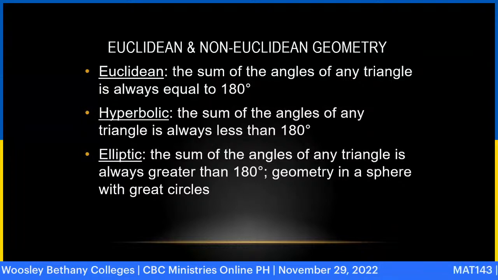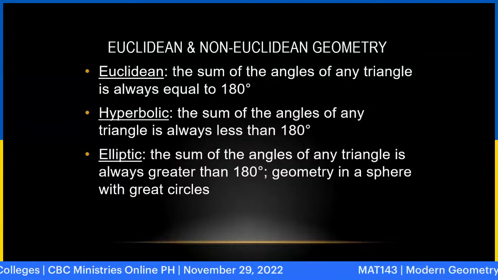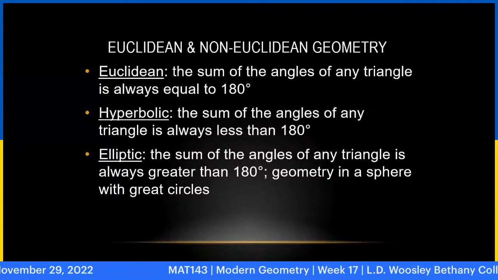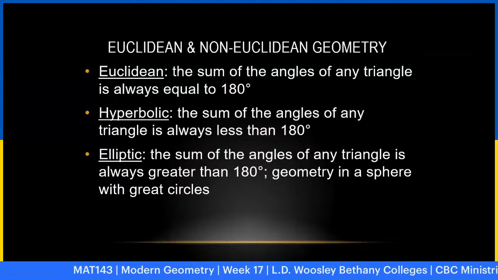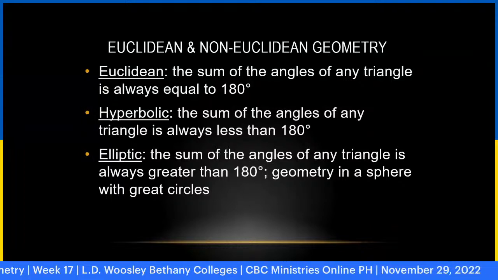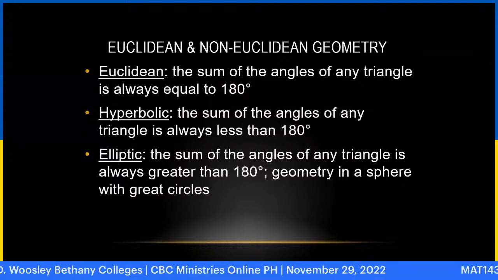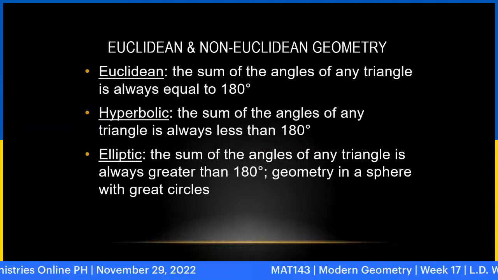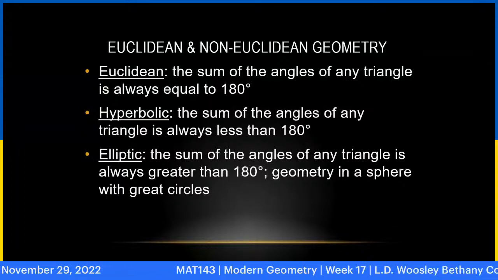Okay, you try to triangulate a location on a globe and you create a spherical triangle, wherein the sum is greater than 180 degrees. So it is geometry on a sphere with great circles, right?